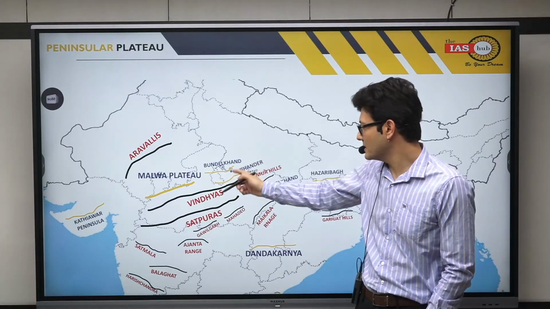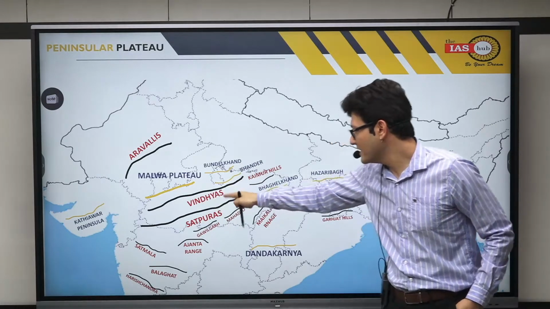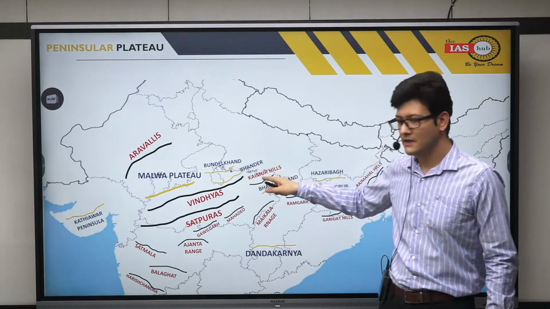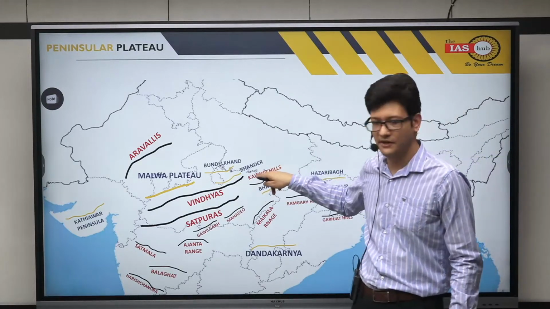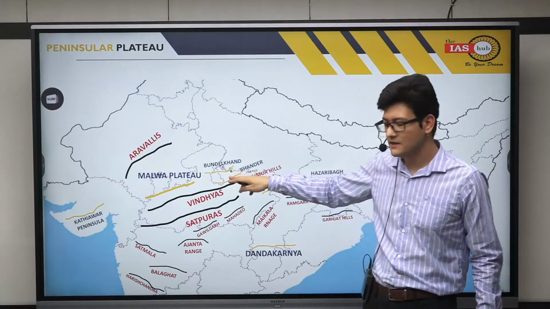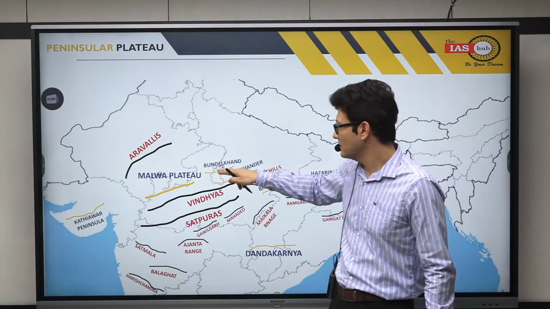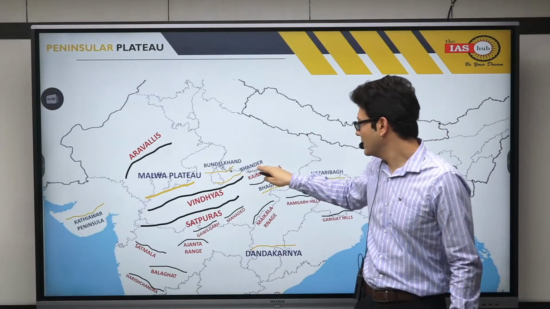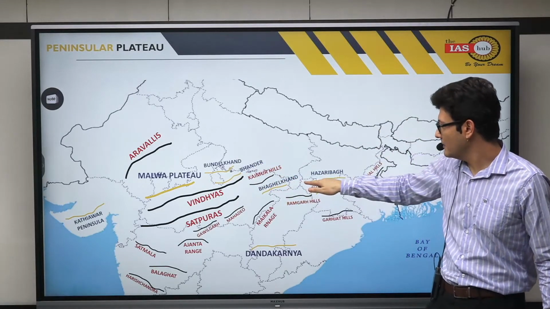Right now we'll be discussing it in detail also. Then we have Vindhyas and Satpuras. Along with it, we have Kaimur Hills, as we have discussed, which is the northeastern extension of Vindhyas. Then the Bundelkhand region, which is the Jhansi region between UP and MP. Then we have Bhander Plateau. Then we have Baghelkhand Plateau.